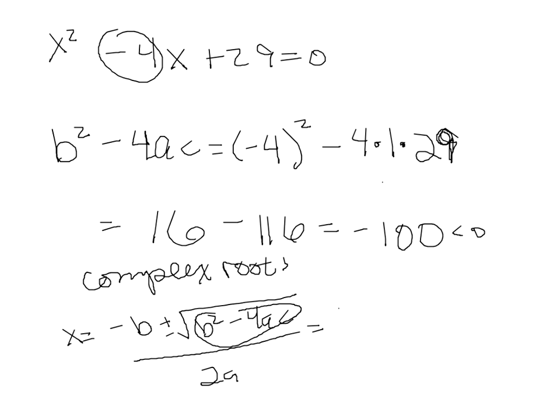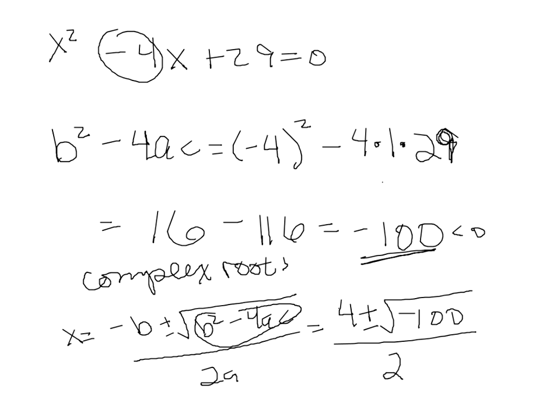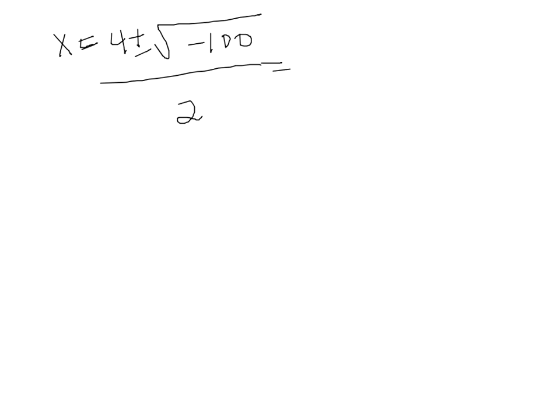So minus a minus 4 is 4 plus or minus, and then we know that that's equal to minus 100. So I'm going to be taking the square root of a negative number, divided by 2. So I get 4 plus or minus the square root of minus 100 over 2.